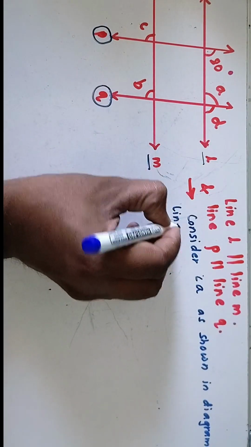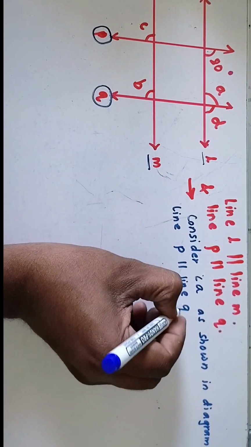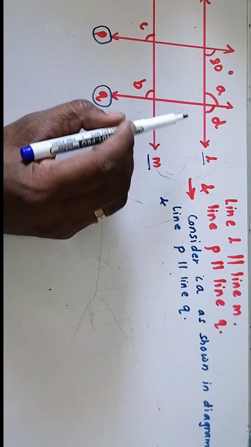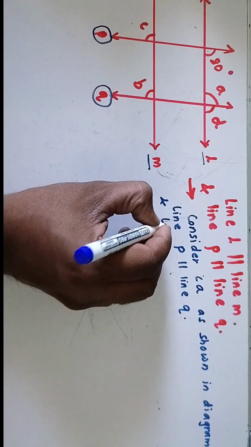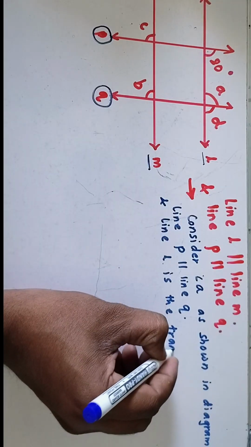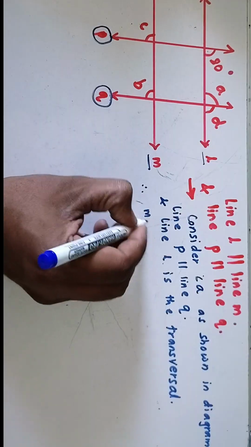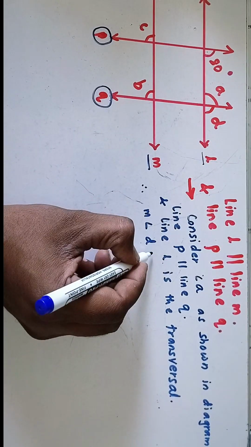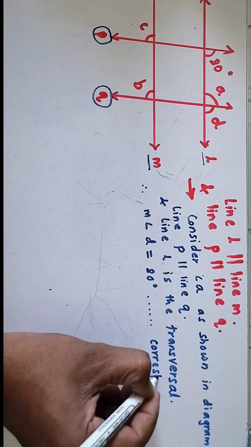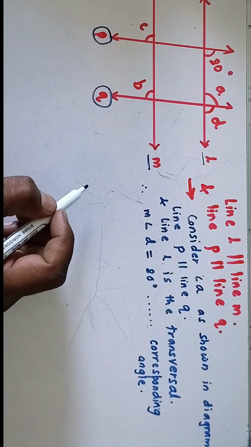Now we know that line P is parallel to line Q, and line L is the transversal. Now measure of angle D equal to 80 degree because corresponding angle. Measure of angle D.